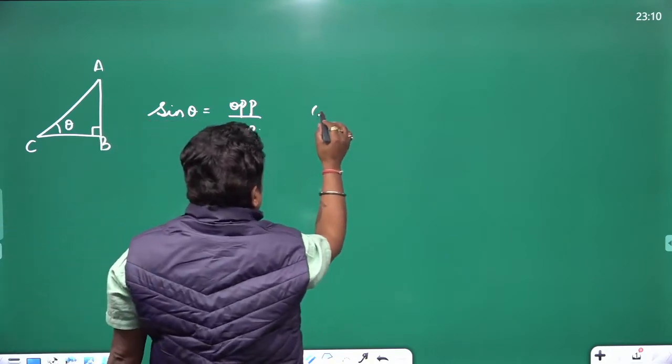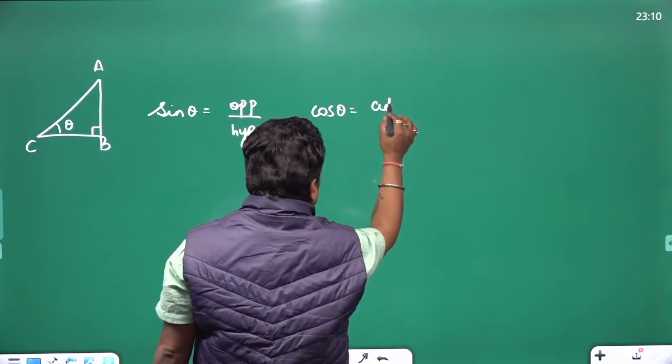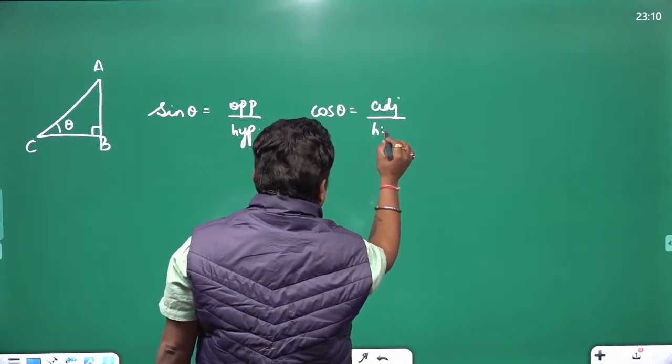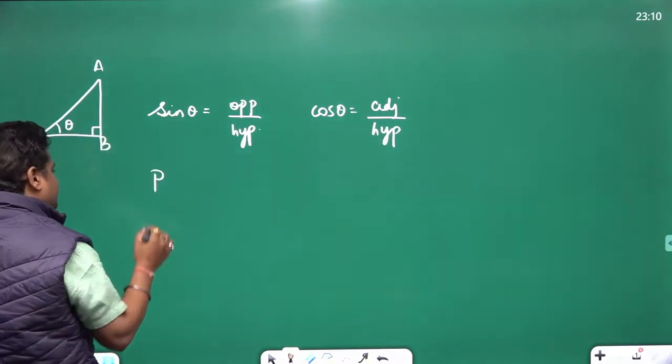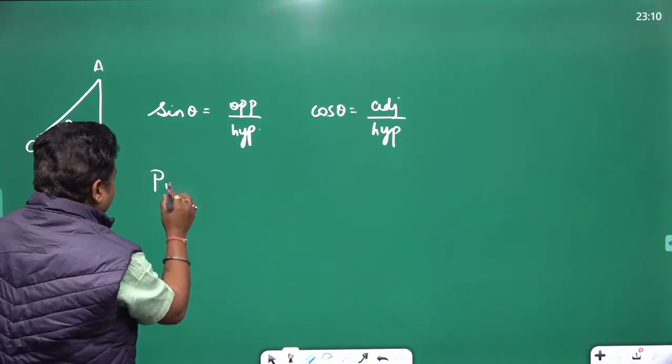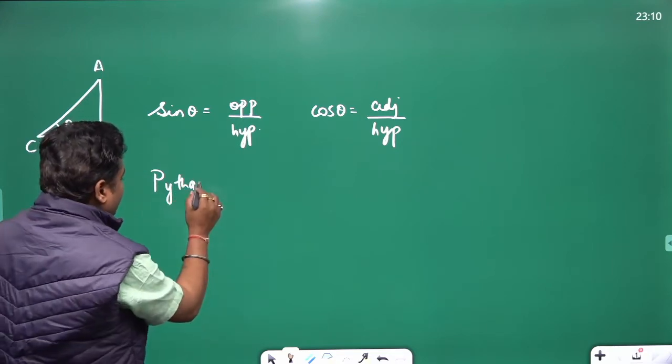And cos theta is basically adjacent over hypotenuse. And you also know about the Pythagoras theorem. In the last class I told you the Pythagoras theorem, at that moment I ended my class.